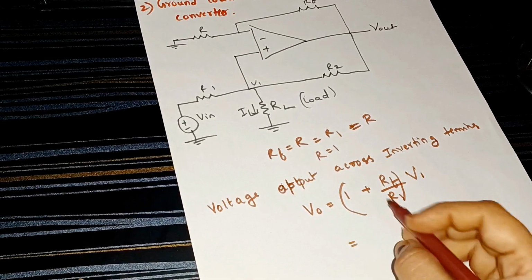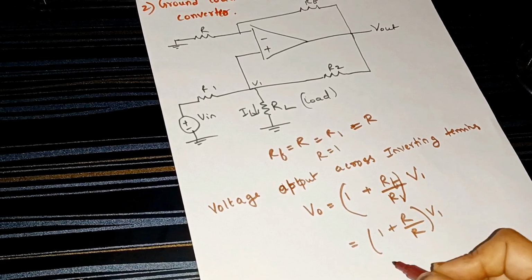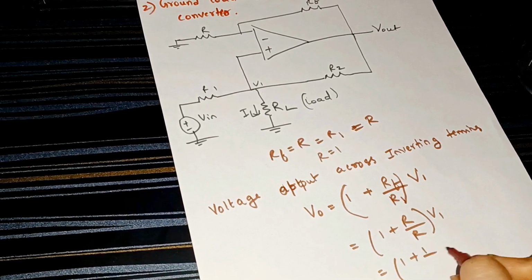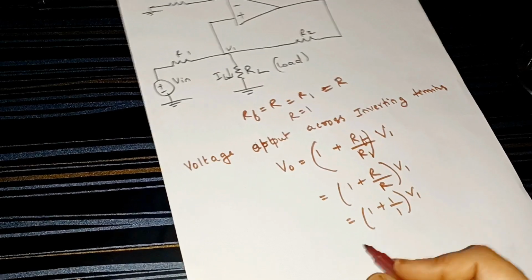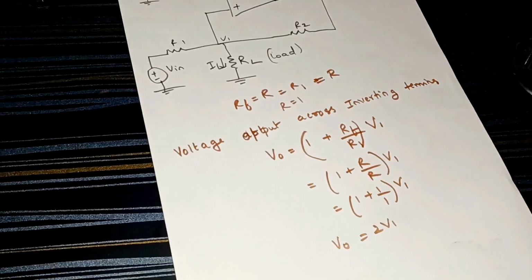Which is 1 plus R divided by R, times V1, so 1 plus 1 gives us 2. So V0 equals 2V1.